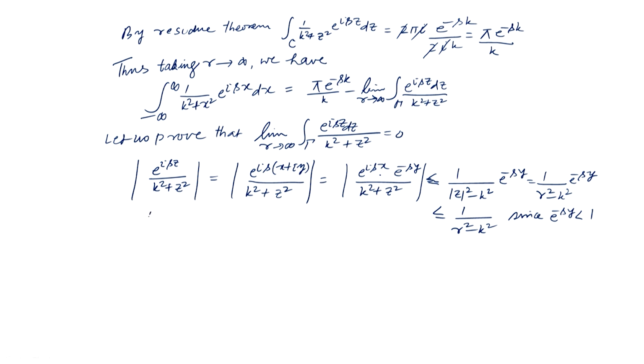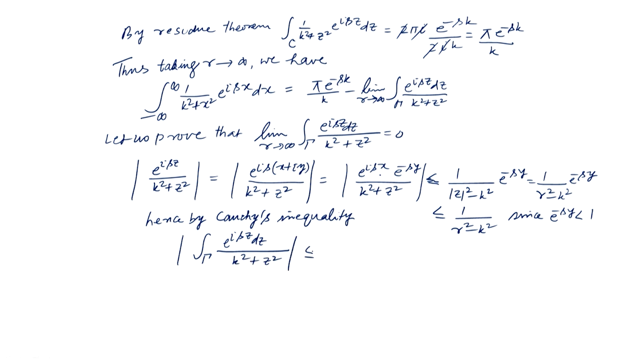Now, hence by Cauchy's inequality, the modulus of the integral over gamma of e to the power isz dz divided by k squared plus z squared is less than or equal to 1 upon r squared minus k squared into the length of gamma, which is pi r. So, this goes to 0 as r goes to infinity.